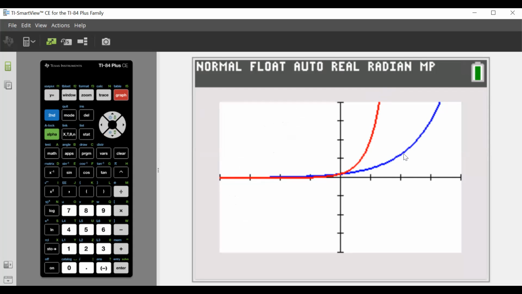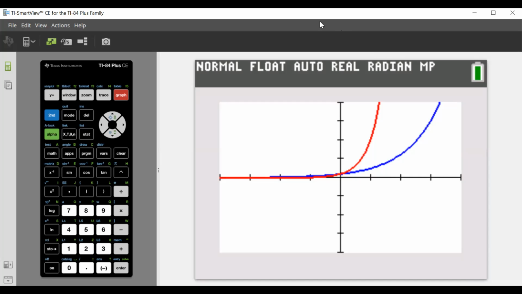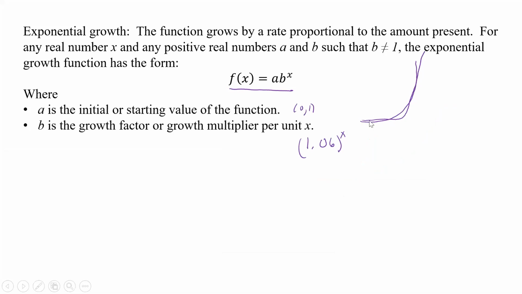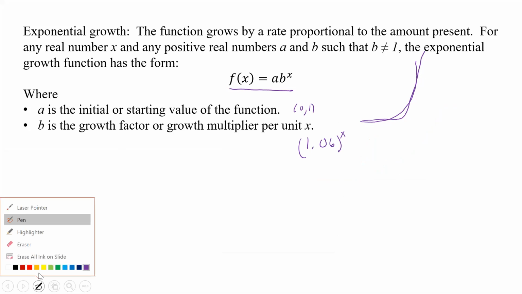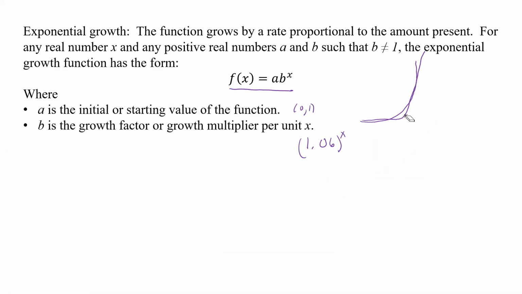So that's probably a much better example than I tried to draw, but that's what's going to happen. One is going to just kind of go up slowly like that, but the other one has a higher growth rate. It's going to go boom, it's going to go up a lot faster. Okay. So the higher the growth rate, the steeper the curve is going to be. So, that first one probably should have looked a little bit more like, it was higher up here, but then it kind of went like that.